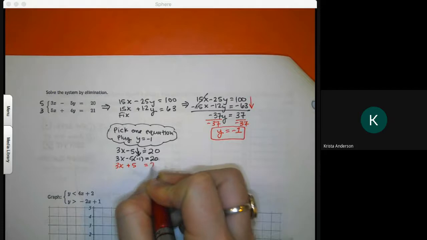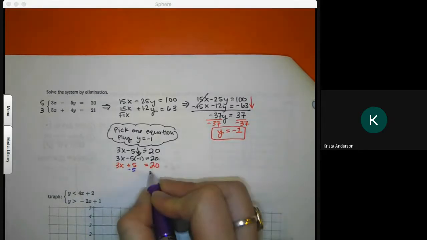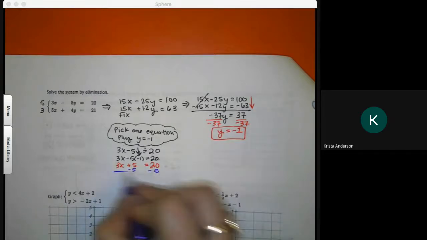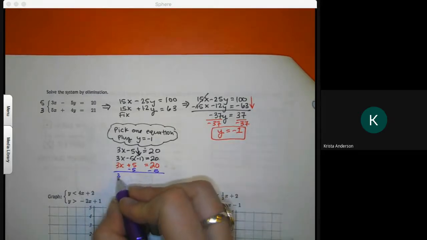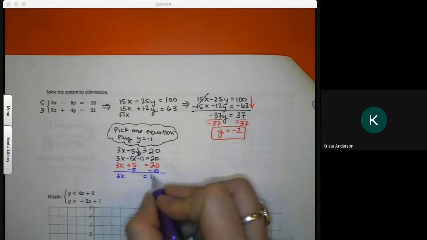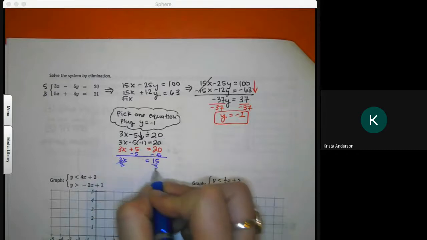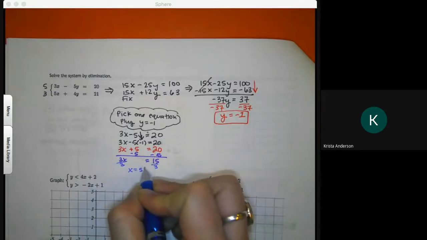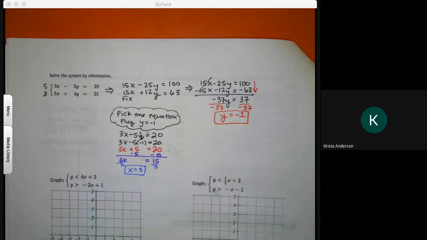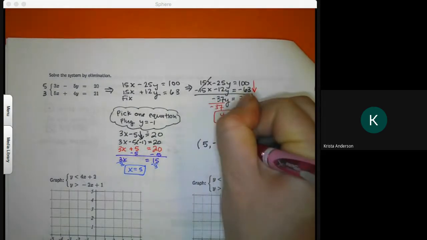Positive. Good. I then get rid of the 5. 3x equals 20 minus 5 is 15, and then divide. X, comma, y.